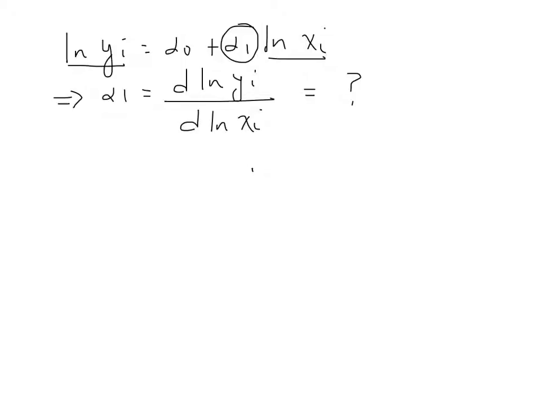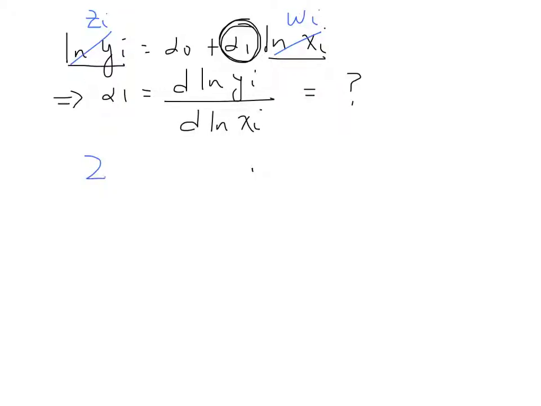If we begin by thinking about the meaning of alpha 1, we can write it down as the change in the log of y over the change in the log of xi. I feel like this bothers some students. So for example, we could replace log of y with zi, and we could replace the log of x with wi.